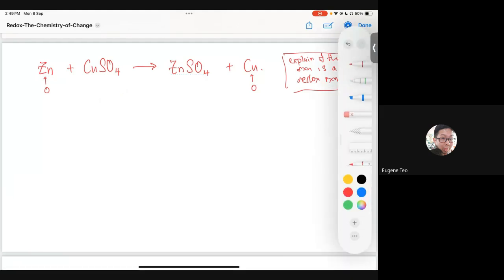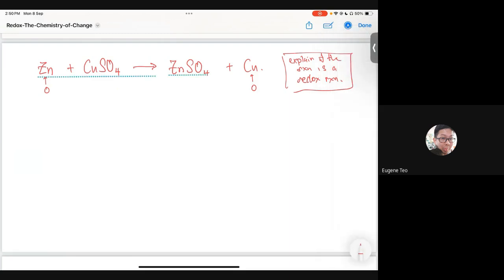So I will try to apply rule 1 first. Rule 1 is group 1, group 2 metals, don't have. Rule 2, fluorine, hydrogen, oxygen. Okay, oxygen I have. So each of this oxygen is a -2.